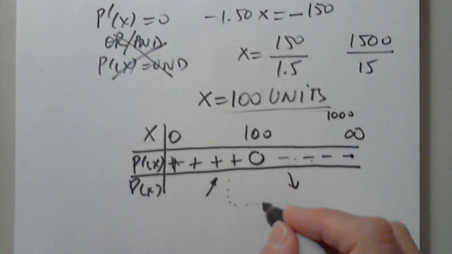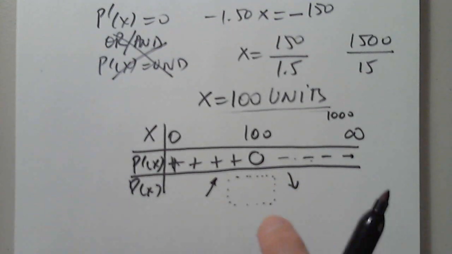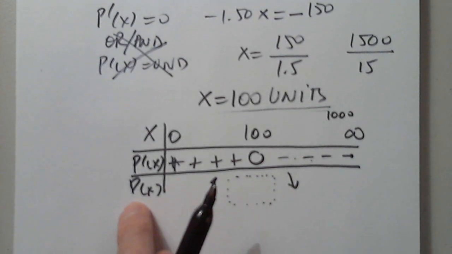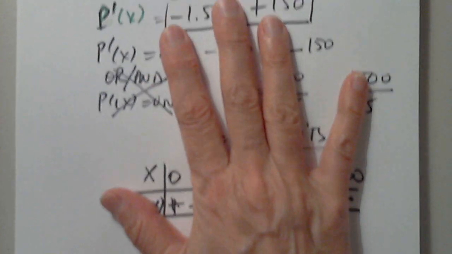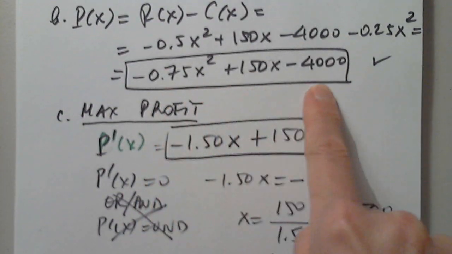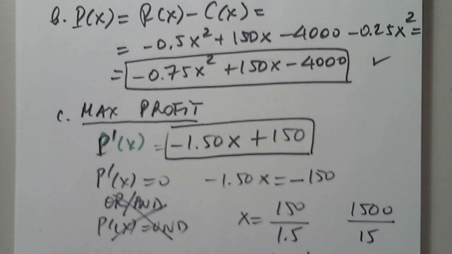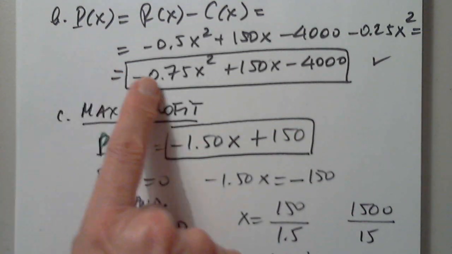How do I determine the maximum profit? What do I need to do to find the maximum profit? Plug 100 in the function. Excellent. So here's the function. Not in the derivative, of course, I will get 0. It has to be in the function.